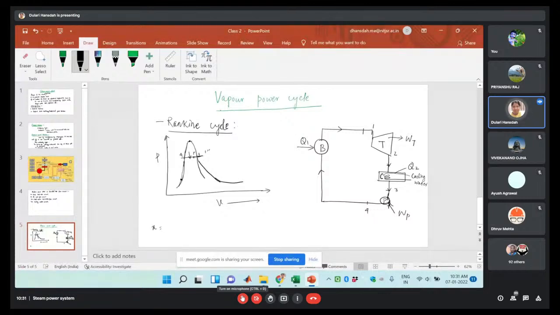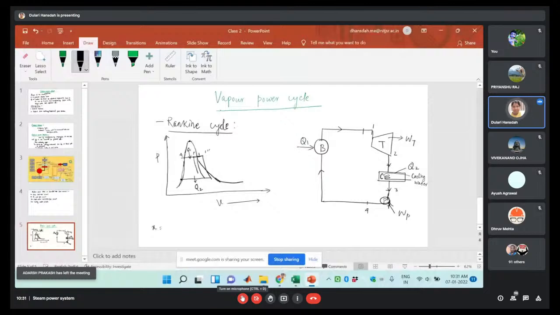If it is superheated, then expansion will be up to this. Let us draw the line here. Here it is the constant pressure heat rejection process Q2. Here it is the Q1.